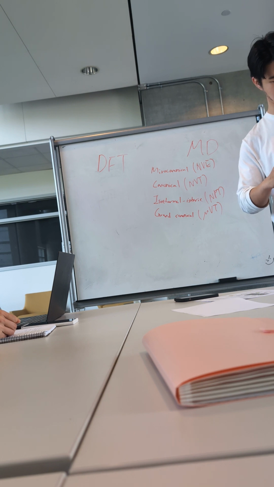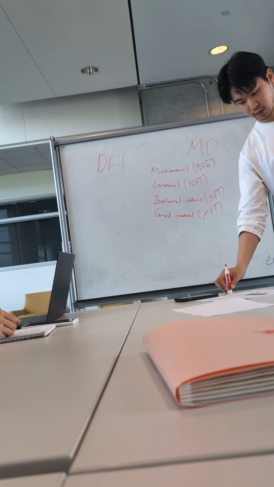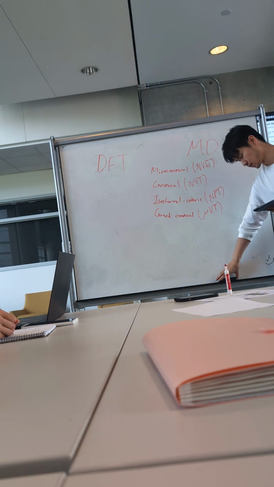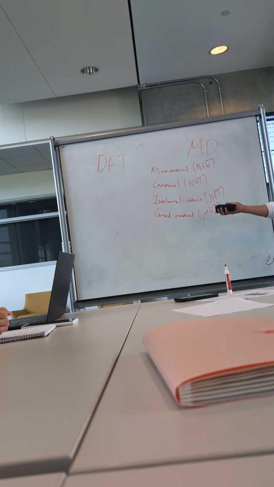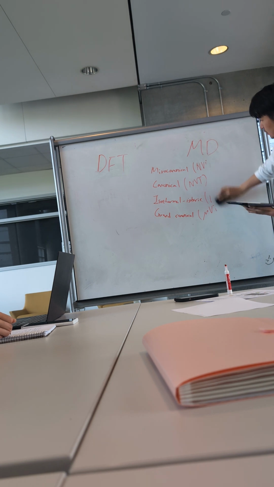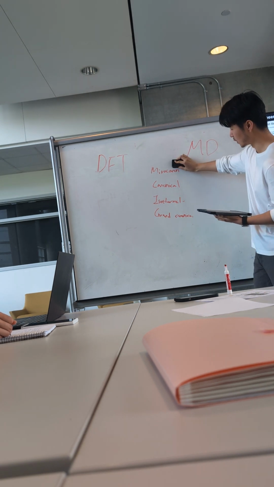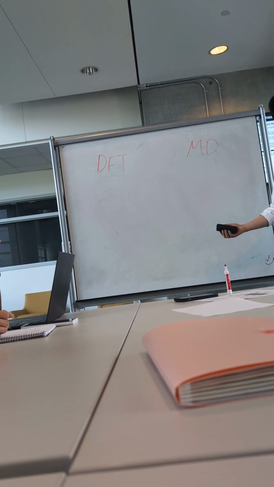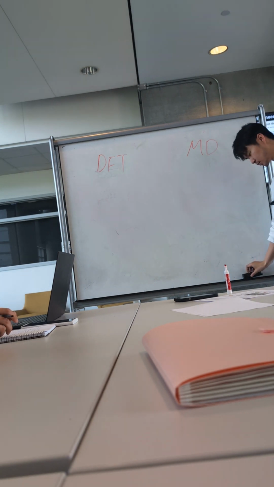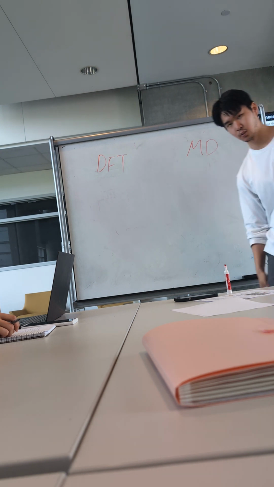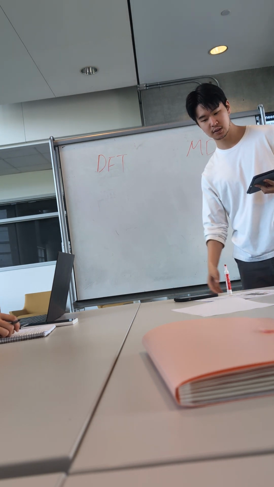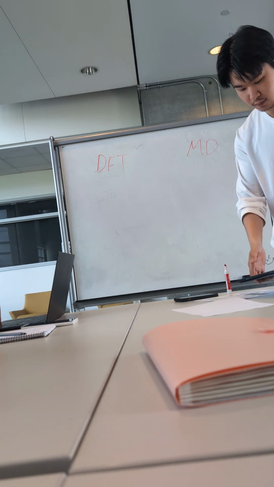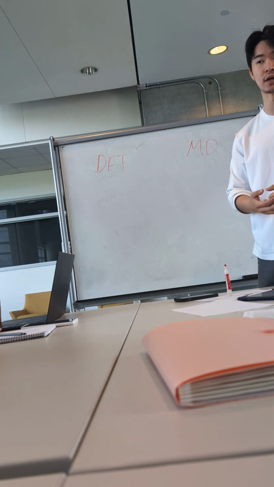One last thing is mean square displacement. I think you guys all know this from stats class. But here in computational work, we use mean square displacement to show the movement and diffusion of particles.